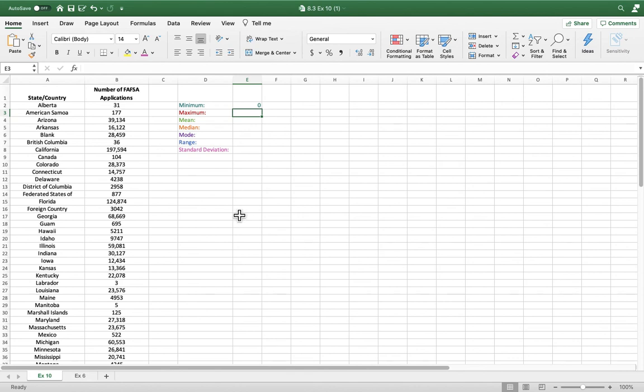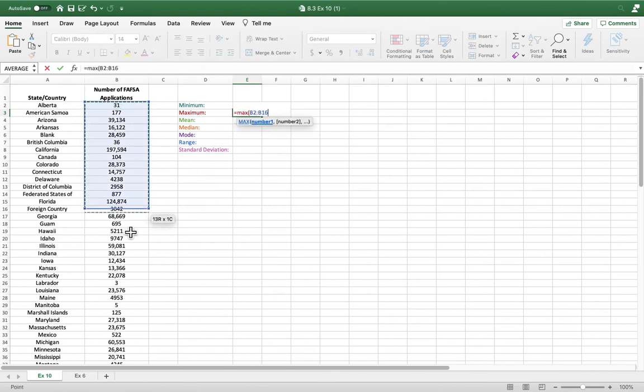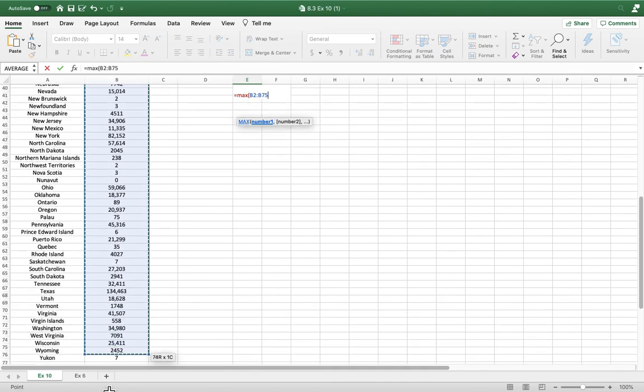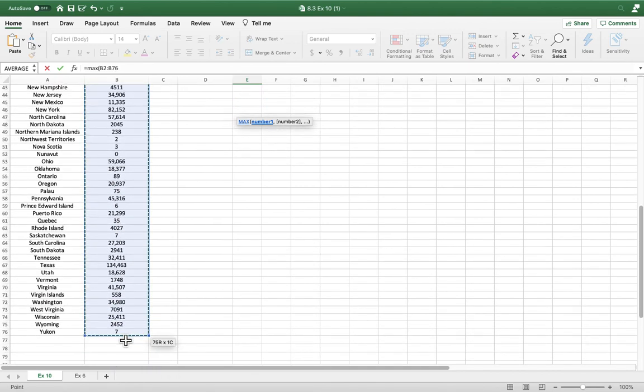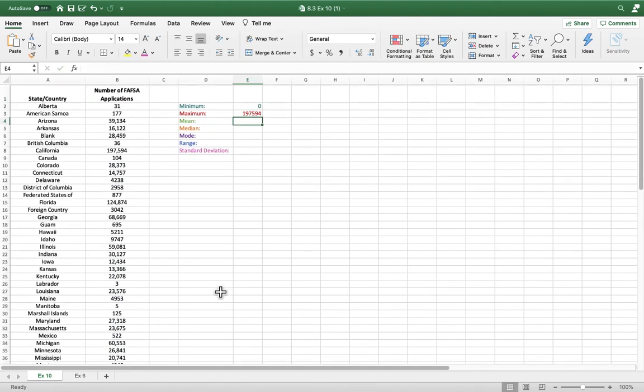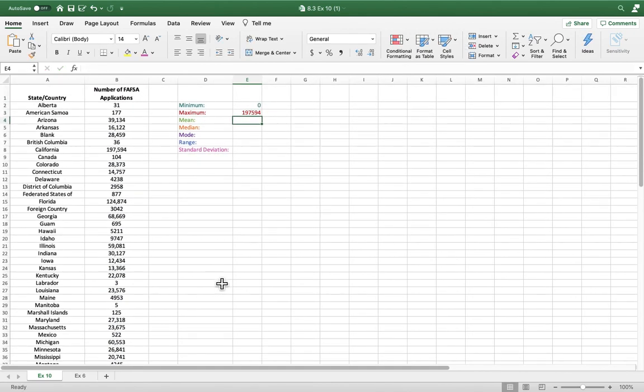have any FAFSA applications. So to find the maximum, very similar, equals max, parentheses, and we're going to select all those data values again. Close, enter, there it is. The mean, you don't type mean, you actually type average. So equals average.